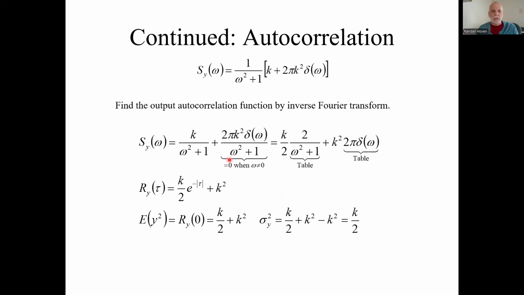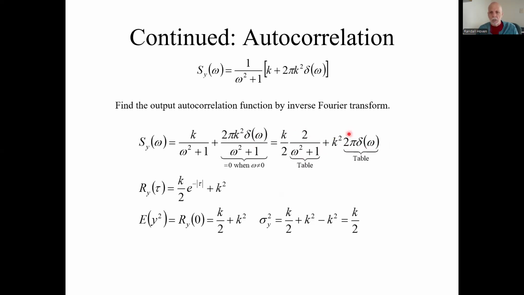Which means I can just set this denominator to 1. Pull out the k squared, and I'm left with this. I could get rid of this omega squared again because this whole thing is 0 except when omega is 0. So the front part, I'll pull out a k over 2, so I get a part that matches the table.